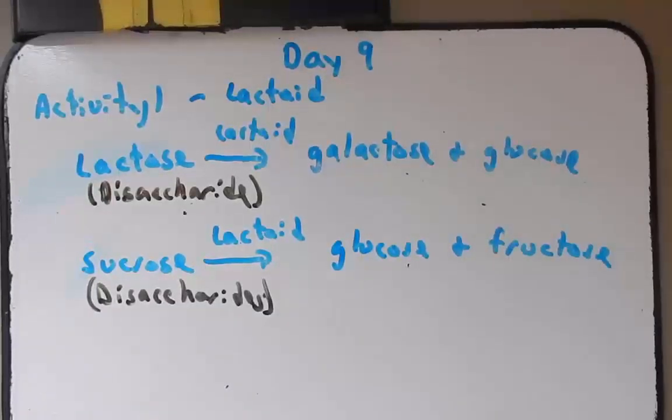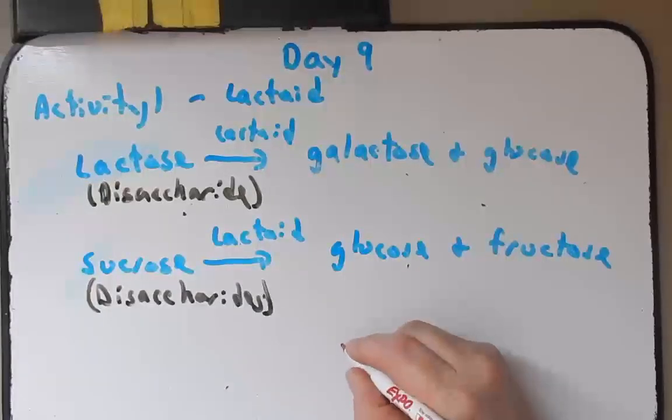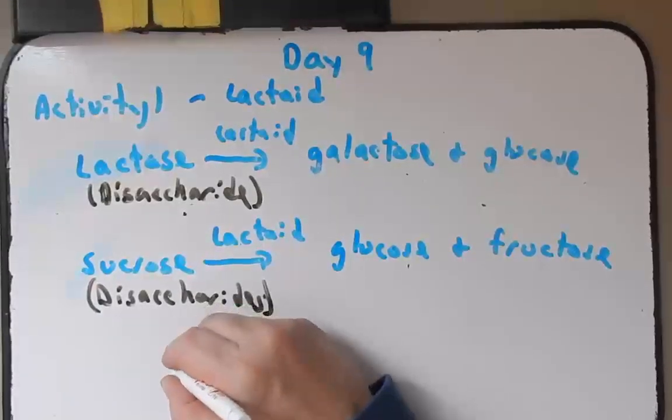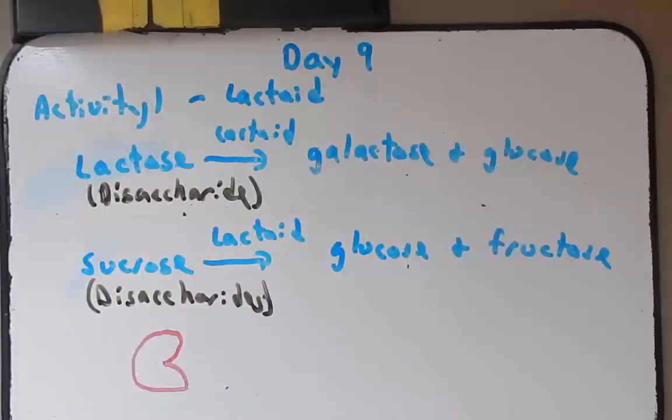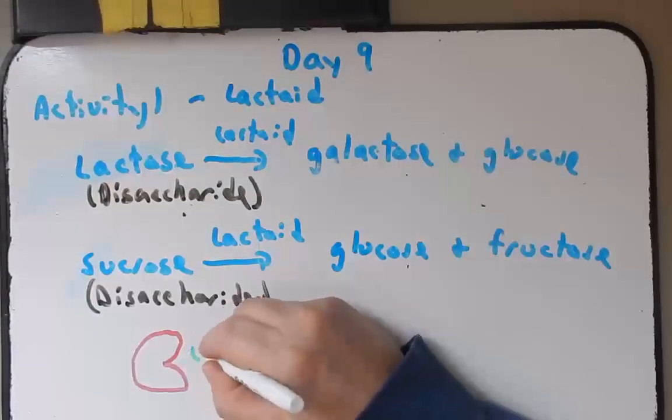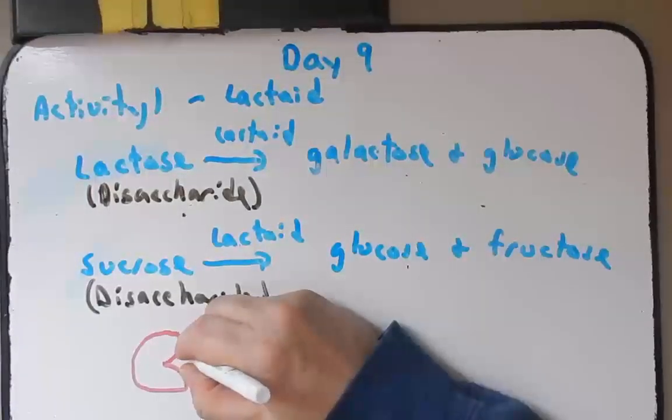And as you've been working on this problem on your own, you may have come to this conclusion that this enzyme lactate, I'm going to draw it down here, let's just make up our own active site for it. Let's say it looks like this. And let's say the reason it breaks it down is because lactose comes in here into this active site.